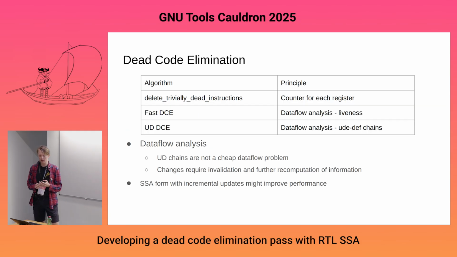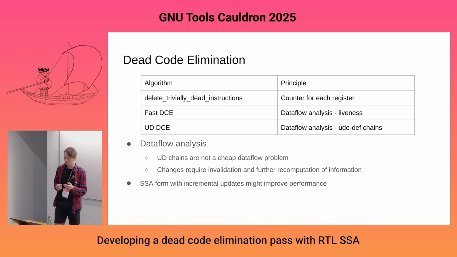We currently have 3 different dead code eliminations. The first one is delete trivially dead instructions, which is based on the trivial algorithm I have just described, and the 2 other passes are based on the data flow analysis.